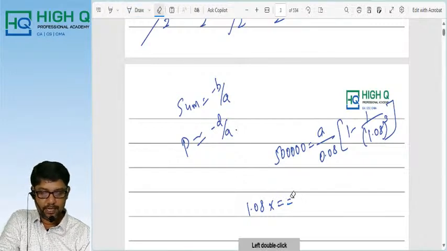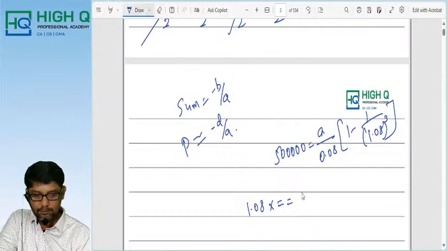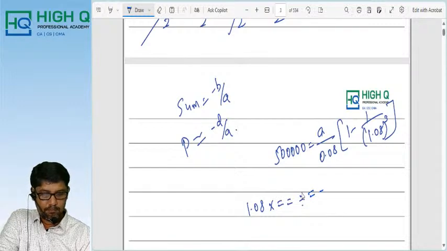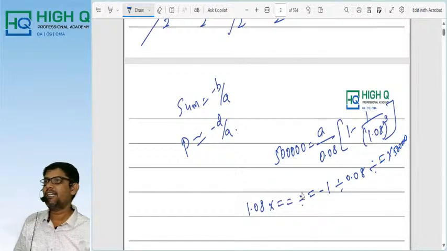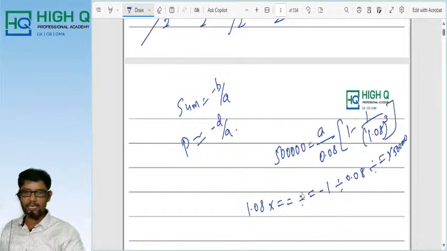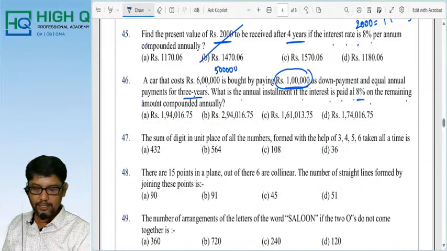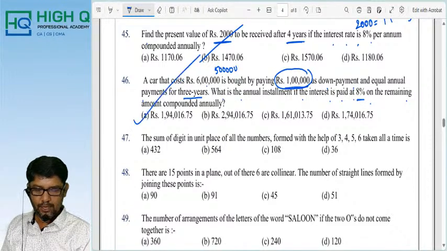This is power 3. Am I right, my dear? Then divided by equal to, minus 1, divided by 0.08, divided by equal to, into 5 lakh. Sir, I get the answer in negative, sir. I ignore the negative symbol. What is the answer? 1,94,016.75.